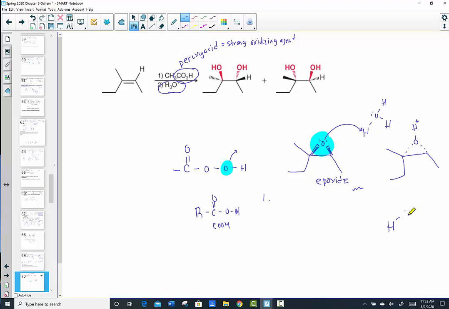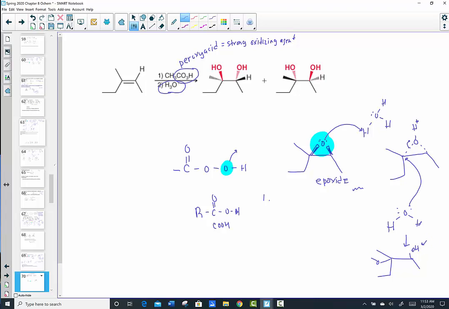So in that next step, thinking about water as a nucleophile, it's going to attack the more substituted carbon and the ring opens. When that ring opens, right here we form the first of the alcohols. And so here, this was pointing down a moment ago. This now is the opened ring, the epoxide.